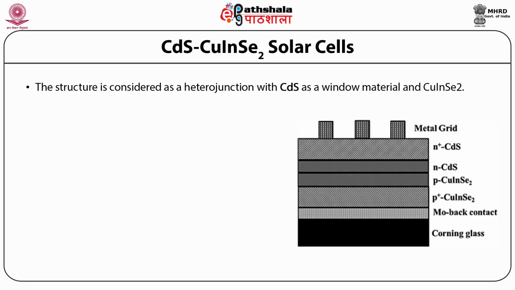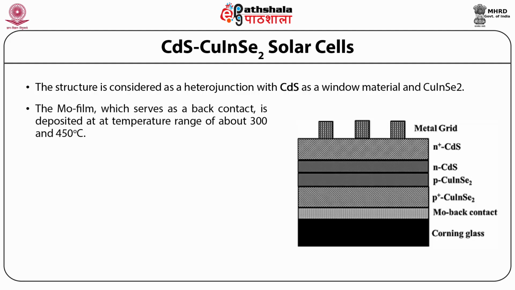Thin film deposition using multiple source evaporation results in high quality films with grain sizes of about 2.5 micron. The moly film, which serves as a back contact, is deposited at the temperature range of about 300 and 450 degrees Celsius.